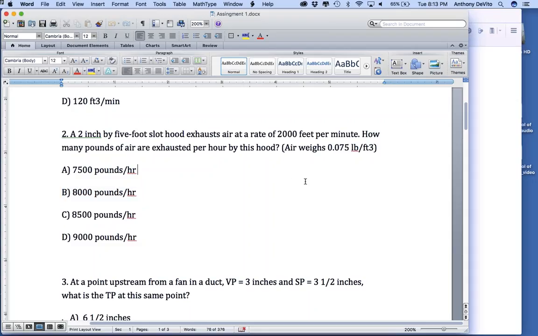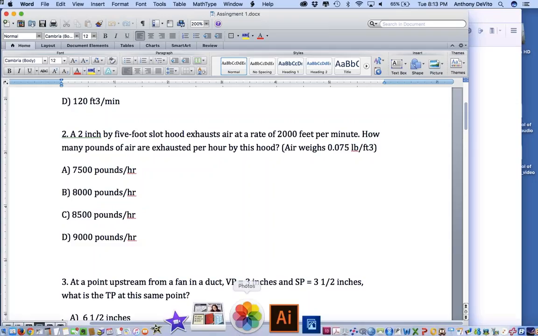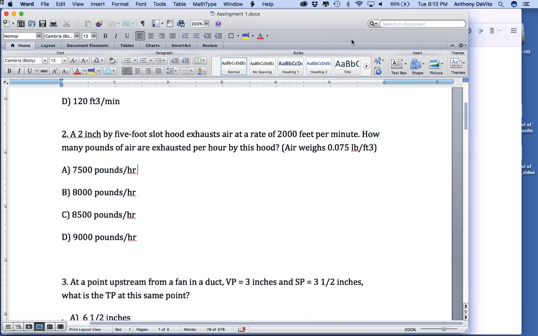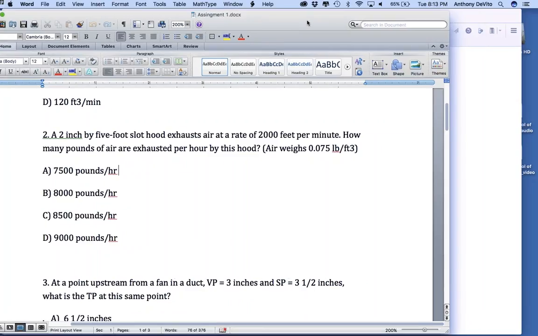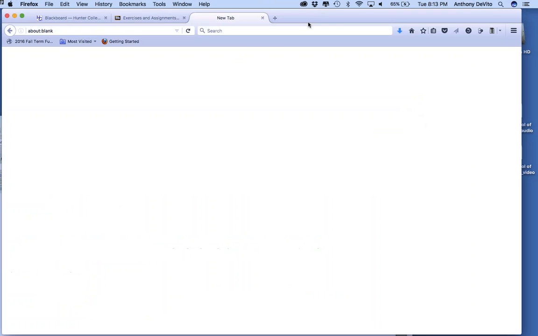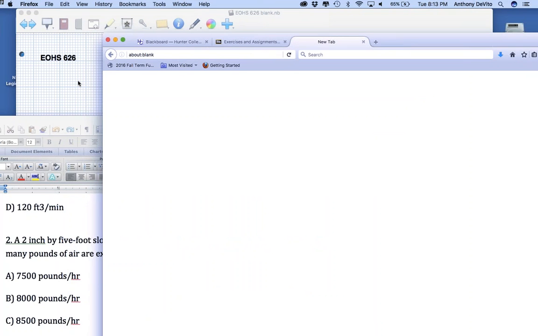Okay, so let's do that. 2-inch by 5 foot. How many square foot is 2-inch by 5 foot? Let's see. 5 foot is 60 inches, right? 2 times 60 inches, 120 inches, right? So what fraction of a square foot is that?